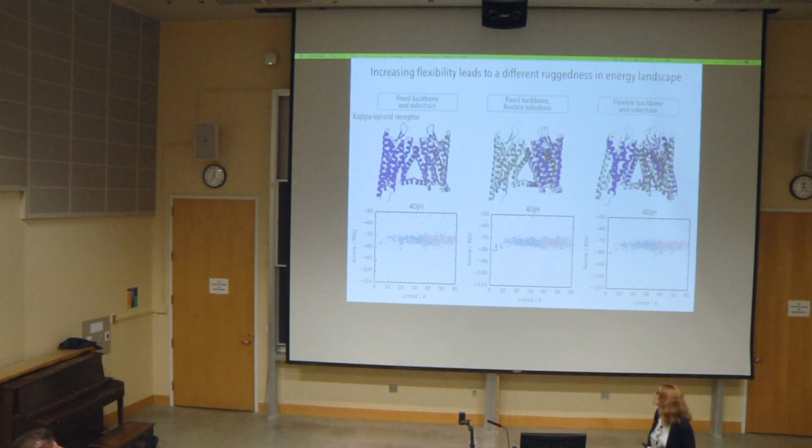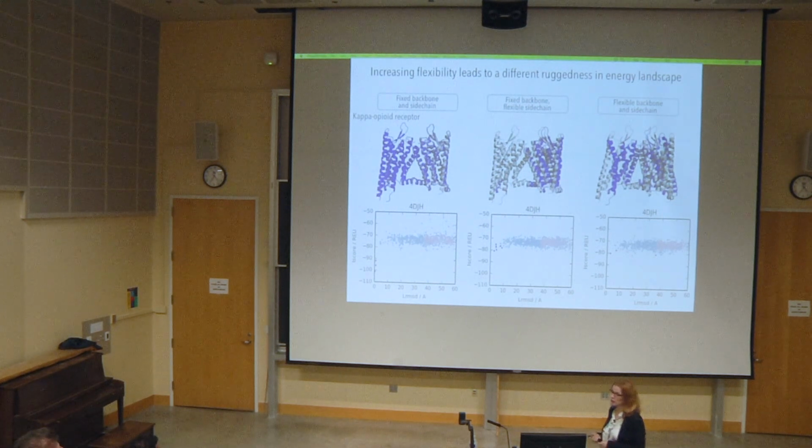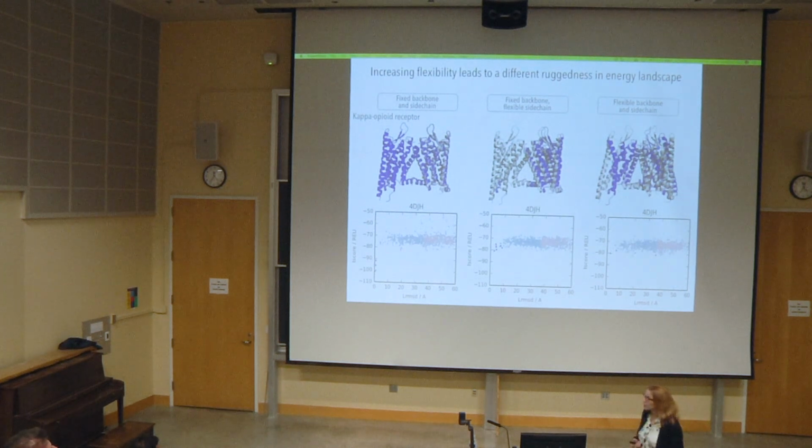So another thing that needs to be taken into account here, or that we've noticed from the data that we're getting, is that increasing flexibility, and that flexibility would mean backbone flexibility as well as sidechain flexibility, leads to a different ruggedness in the energy landscape that you have to deal with.